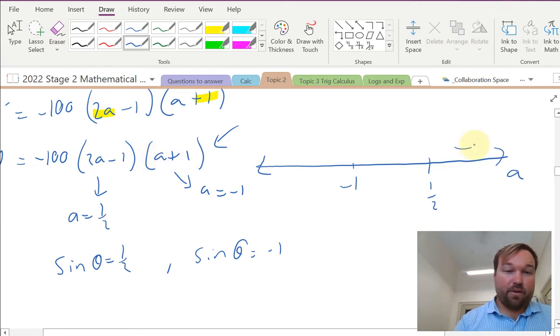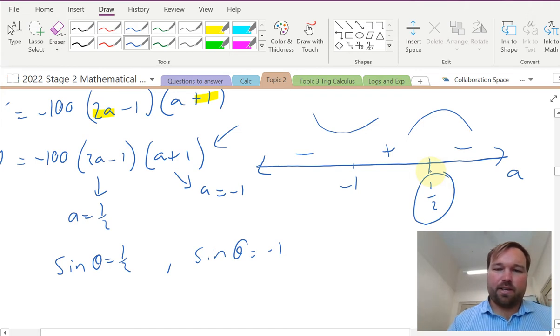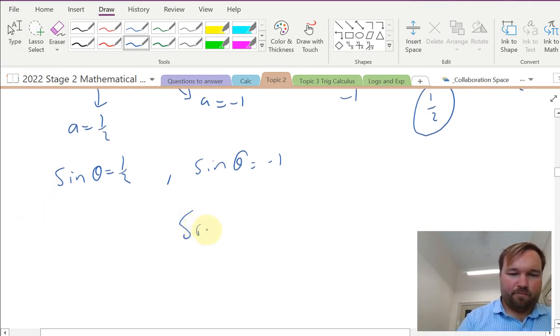If I sub in 0, it'll be positive, negative, negative, so positive. If I sub in minus 2, it'll be negative, negative, negative, 3 negatives is negative. And so we're looking for a maximum, that's doing that, that's doing that. The maximum is occurring at sine theta equals a half. Sorry, sine theta equals a half is the max.